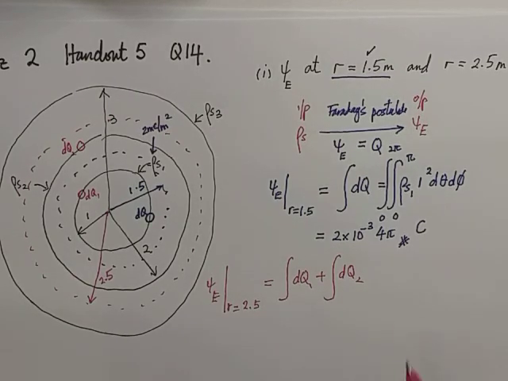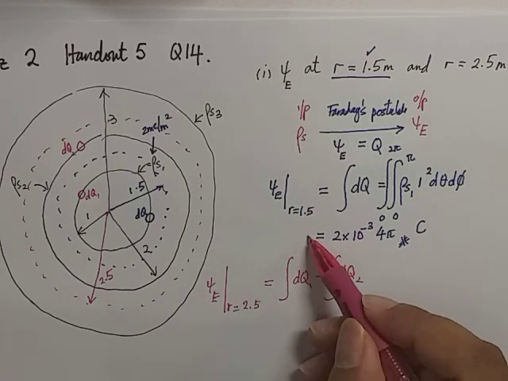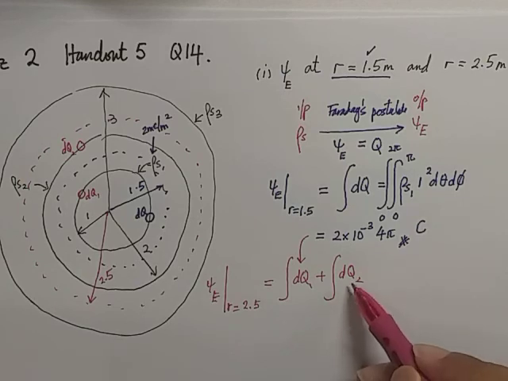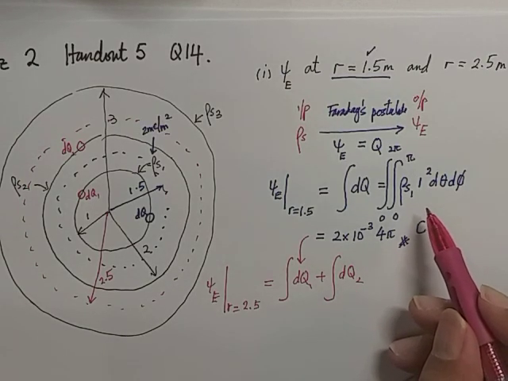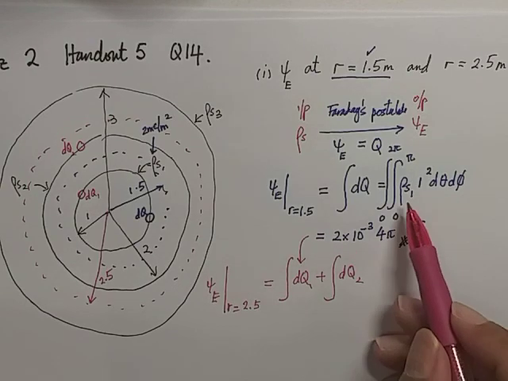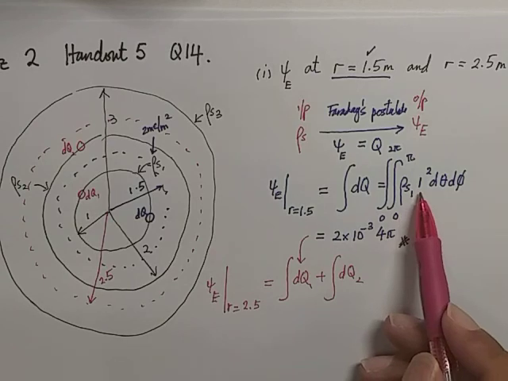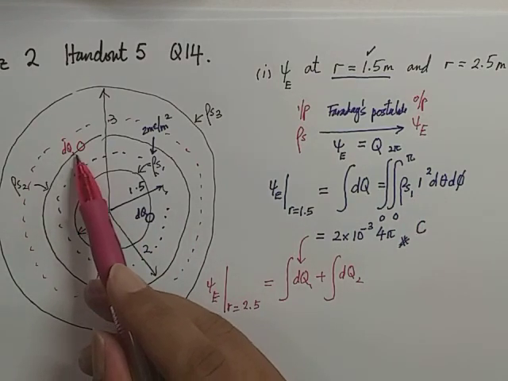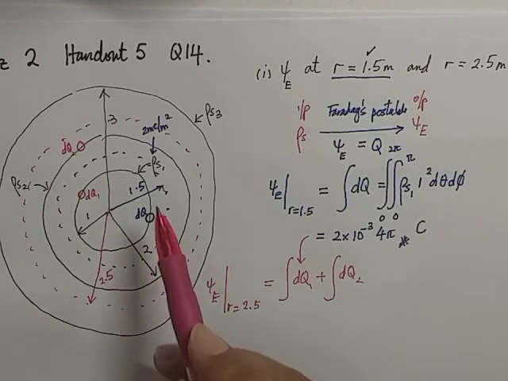and we can see that the dq1 can be extracted the value from the above solution, and you have to calculate the dq2 using the same method as shown above, but the only difference, you have to change the value of rho s2, and then you have to change the value of the radius, because for the sample number 2, it exists on a sphere having radius r equal to 2 meter.